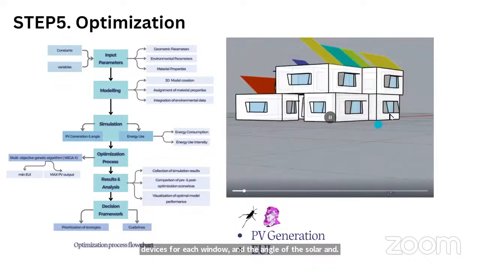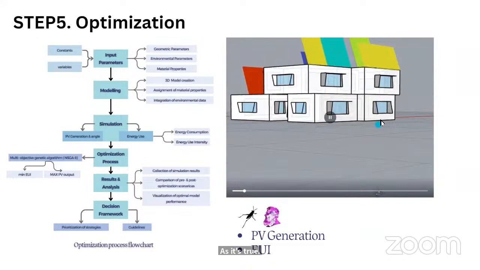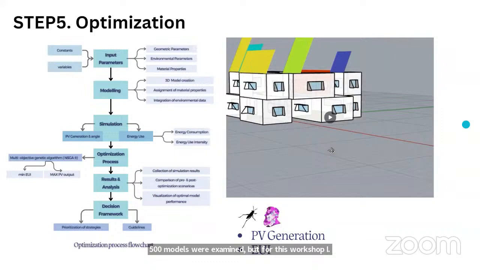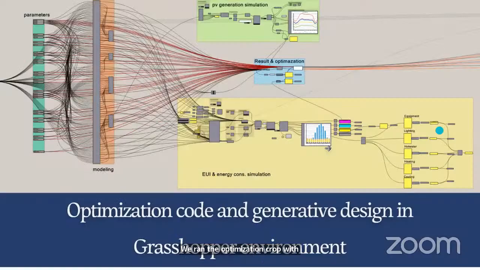In the main project, about 500 models were examined, but for this workshop, we ran the optimization problem with about 20 generations and 10 individuals, totaling 200 iterations using the Wallacei plugin.